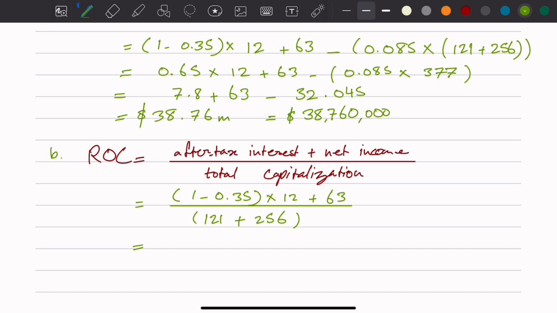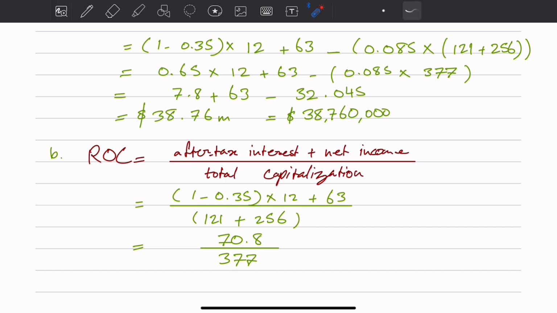If we run the numbers again, we're going to get 7.8 plus 63, which is this part right here. Okay. So that is 70.8 divided by 377, which is this one.